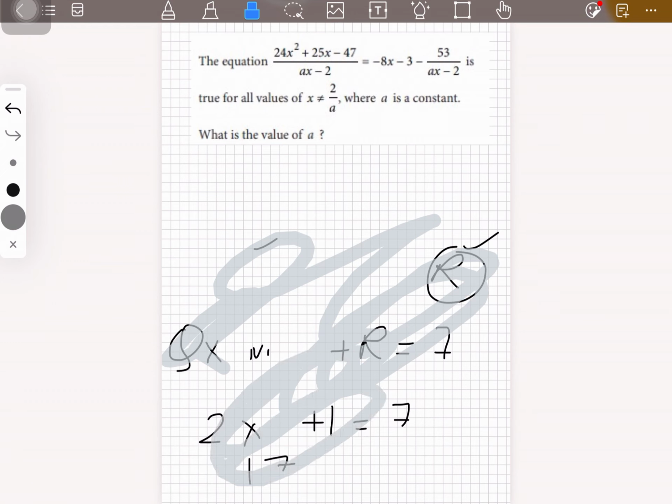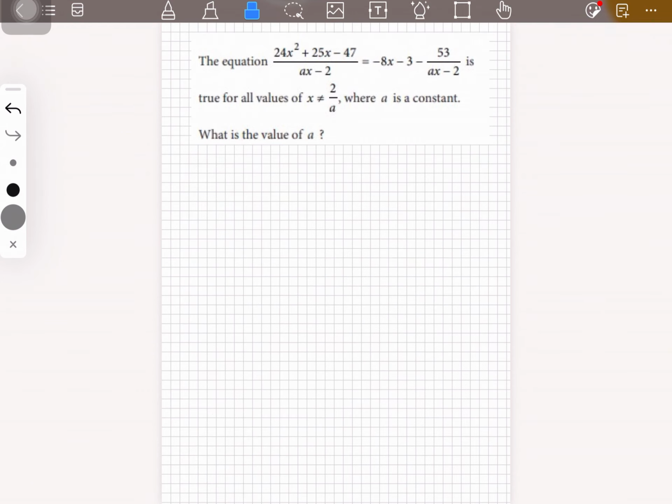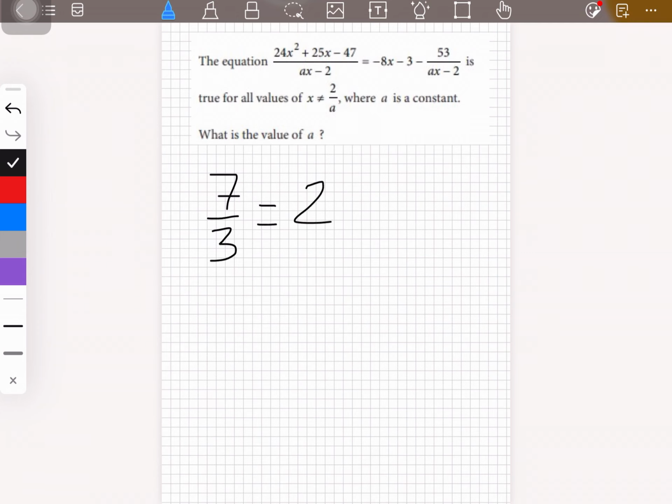This question is very similar to that thing. So 7 by 3 is equal to 2 plus 1 over 3. We've established that thing, haven't we?